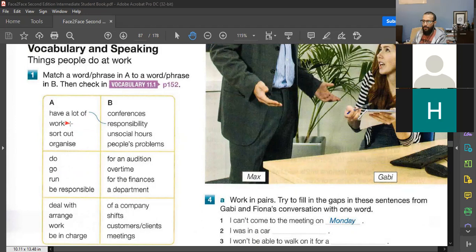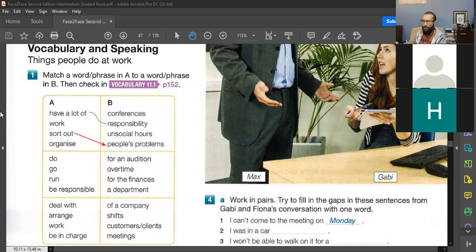Work overtime. But you have to use the same box. Okay, let's leave work conferences and see sort out. Maybe sort out people's problems. Yes, I think that's right.